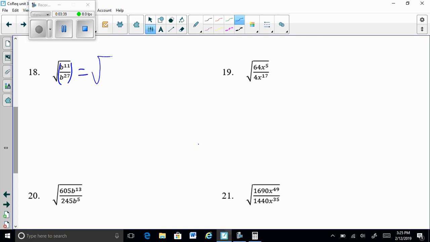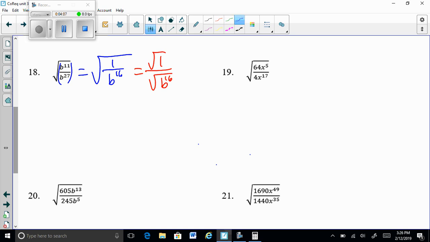You have to know this from prior knowledge: the 11 on top cancels with the 11 on the bottom, so you're left with 1 over b to the power of 16, since the 27 would turn into a 16 when you reduce it. Now we'll square root the top and bottom separately.